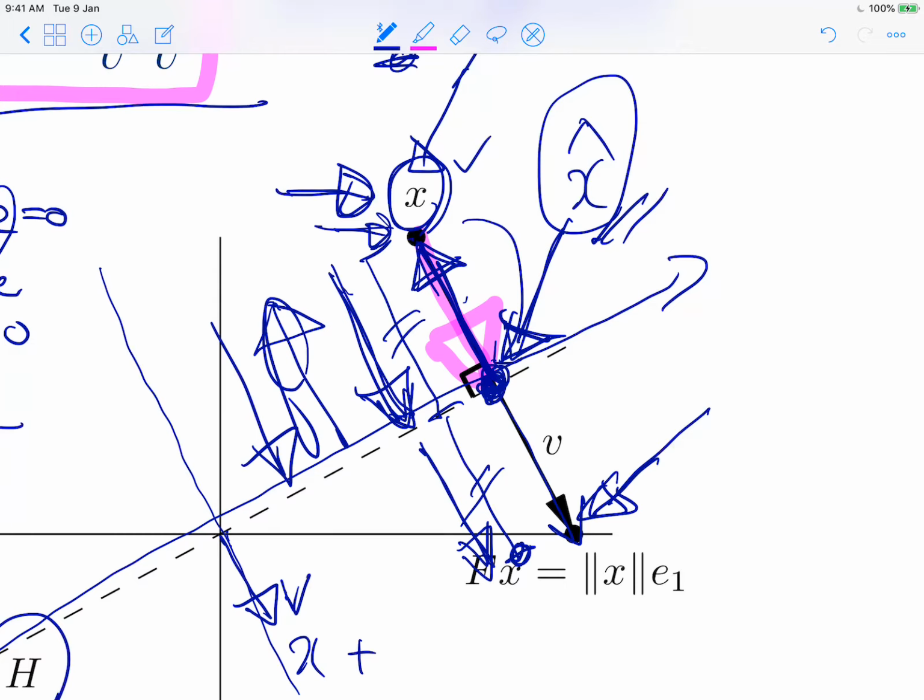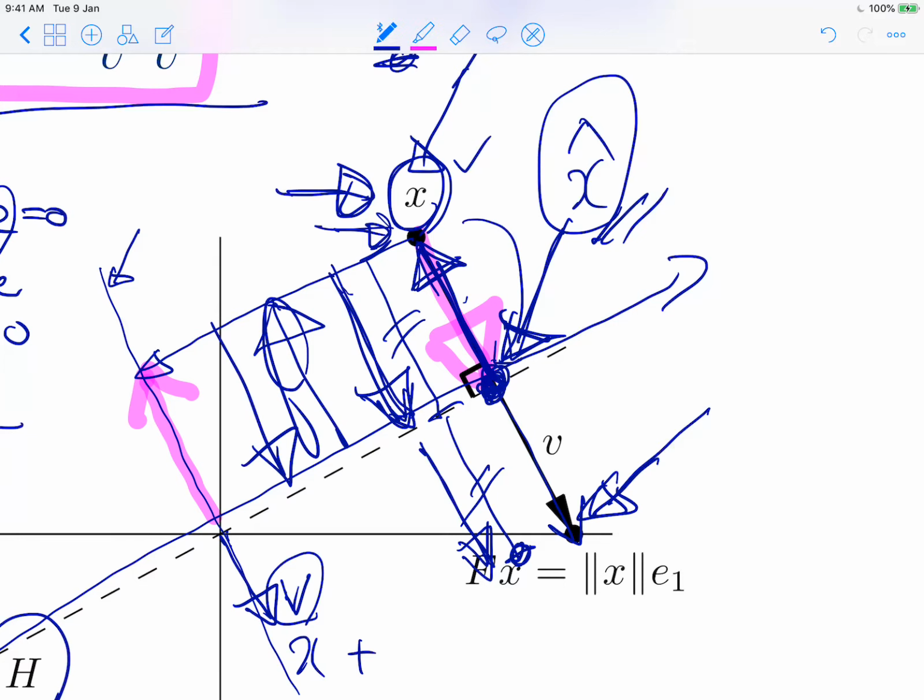So we are projecting x onto this part, right? Because this is the line that we are projecting x onto, so we are considering the situation where we project x onto the line spanned by the given v, and then we obtain the projected vector like this.